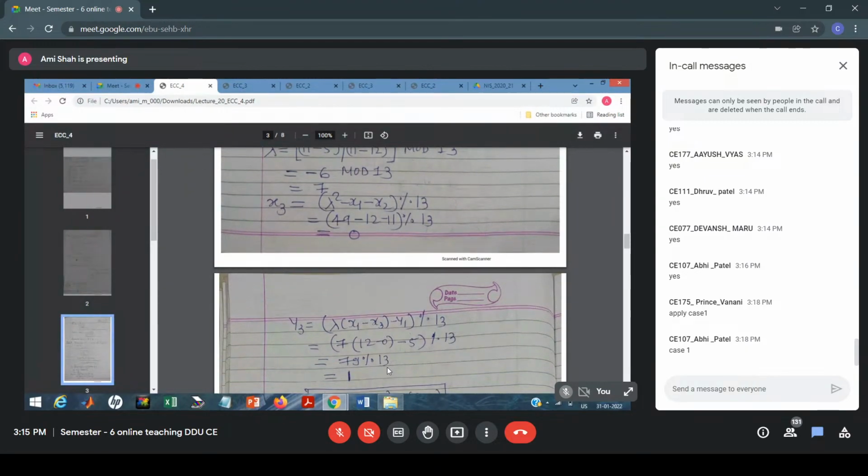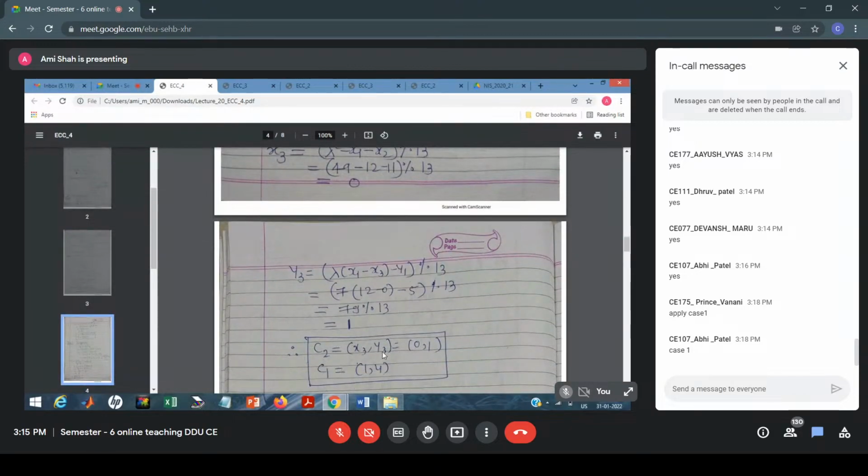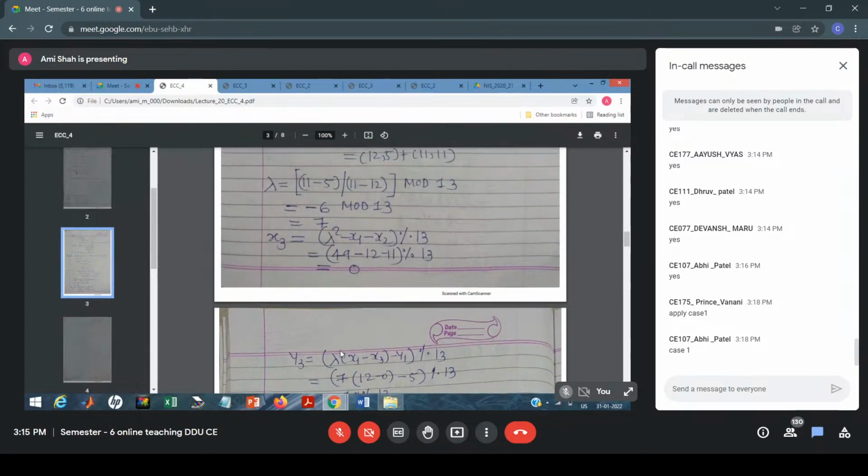Then after that, y3 equals lambda times (x1 minus x3) minus y1, modulo 13. So here I'm getting y3 equals 1, right? So finally, (x3, y3) equals (0, 1). Now, C1 that I am getting, that is what?